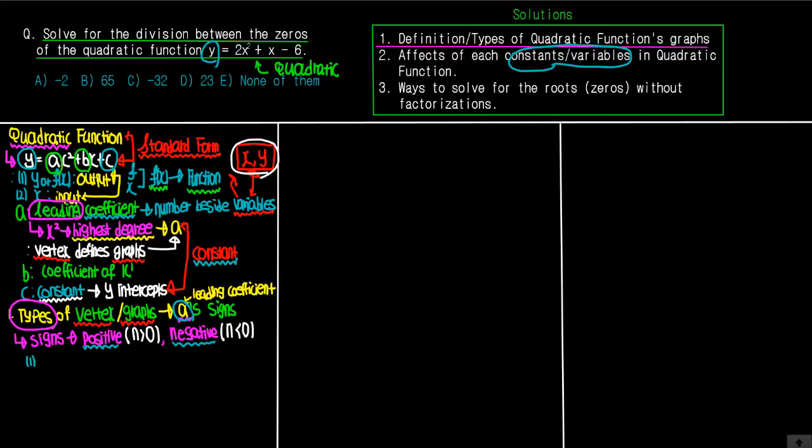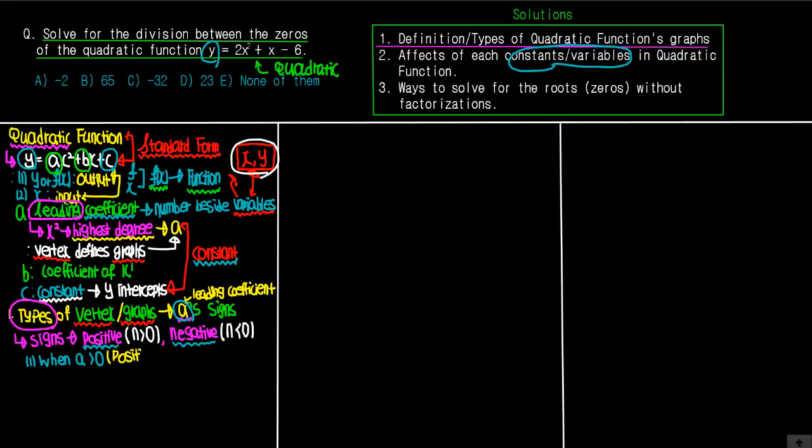So for the first type of our quadratic function graphs, it will be defined when our leading coefficient a is greater than 0. And as we can see, the term that is greater than 0 is the positive value.